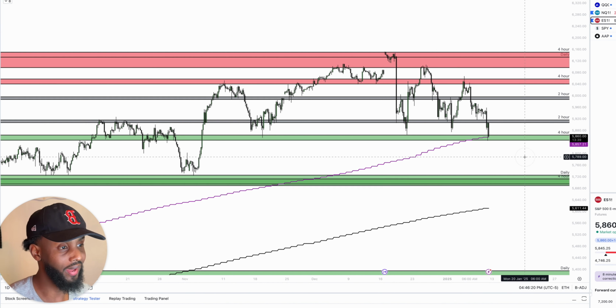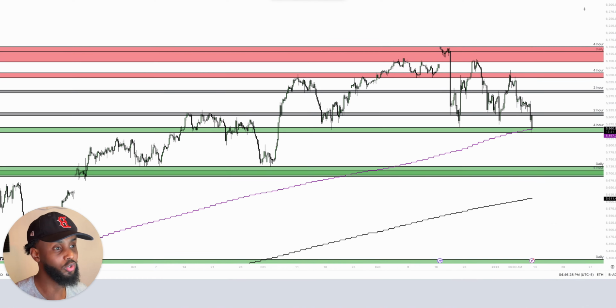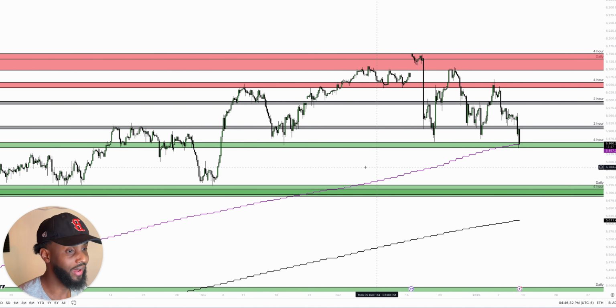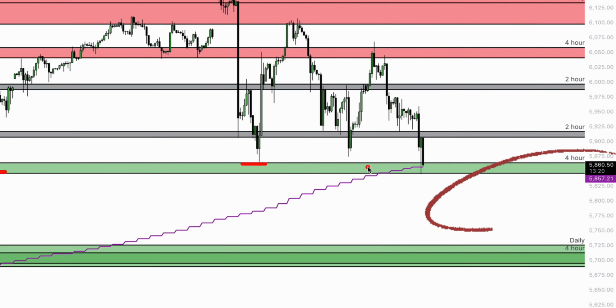So obviously we have our zones, our 4 hour time frames, our daily time frames, and I'm looking at ES right now. This is the futures chart for the S&P 500, and this is a zone that I have been talking about, the 5860 level right here.